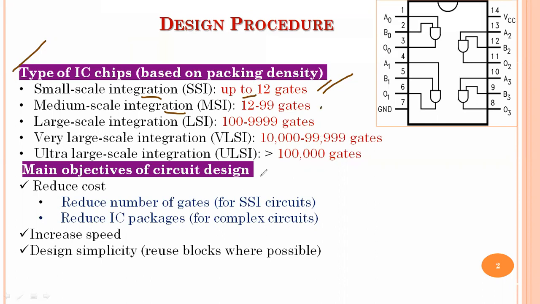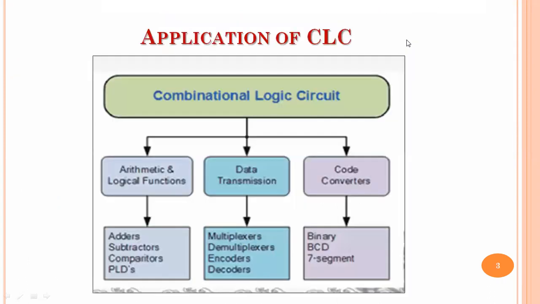And then we have ultra large scale integration, greater than 1 lakh gates. The main objective of this circuit design is to reduce the number of gates for SSI circuits, reduce the IC package for complex circuits, increase the speed, and keep the design simple.